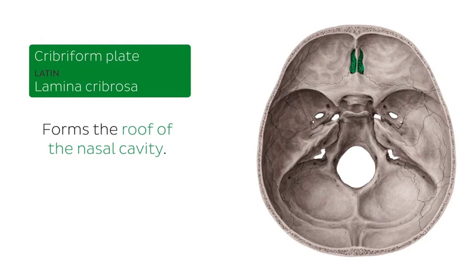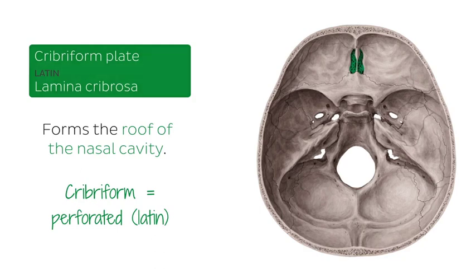It has many openings through which olfactory fibers from the nasal cavity pass through to the anterior cranial fossa. Now, the word cribriform in Latin means perforated. And you can clearly see on this image that there are a lot of tiny holes where the different olfactory fibers will pass through and reach the anterior cranial fossa.